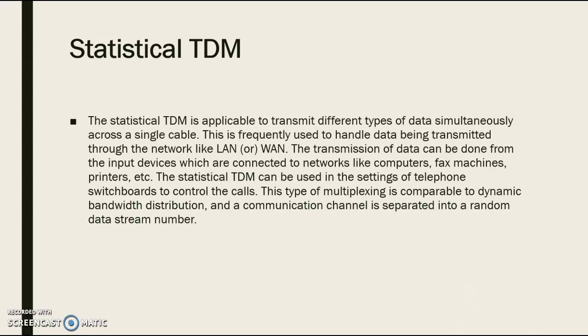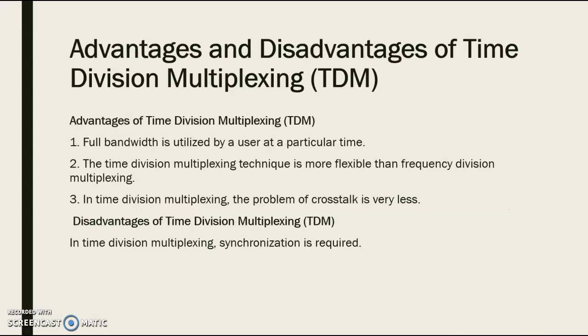This type of multiplexing is comparable to dynamic bandwidth distribution, and a communication channel is separated into a random data stream number.